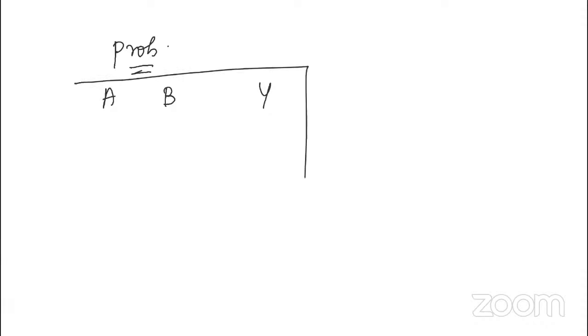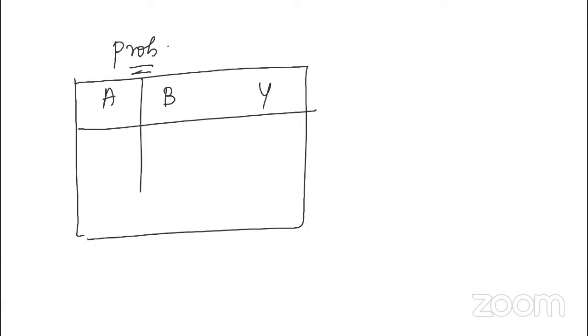So for this problem, we take the input values A, B and Y. So A, B, Y order combinations. For the first three we have to choose. Right? So what combination are we getting?